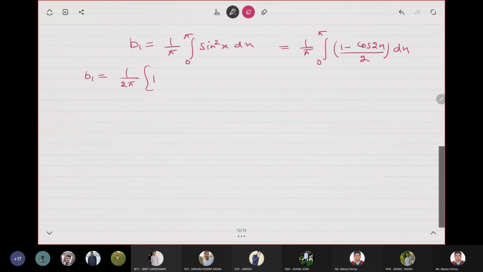Okay, I should integrate this as well. 1 minus cos 2x dx in limits 0 to pi.